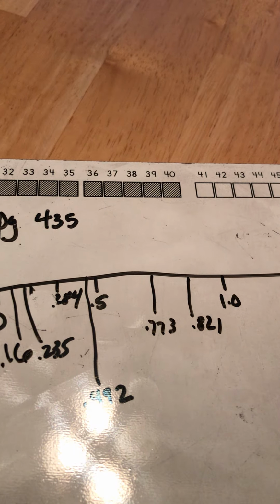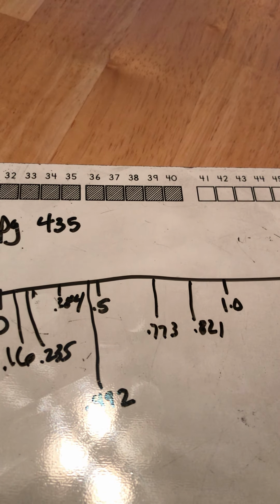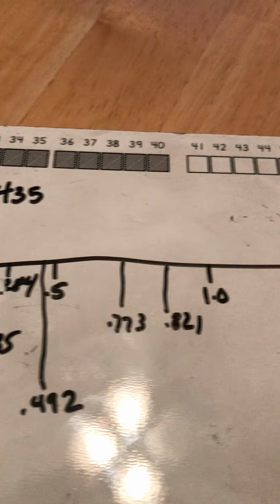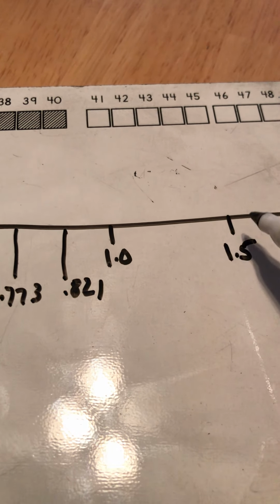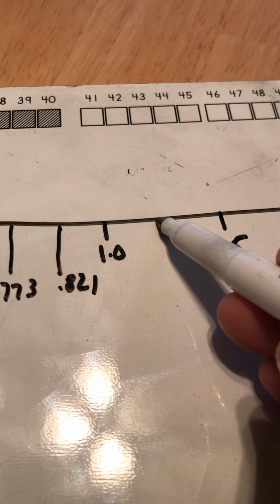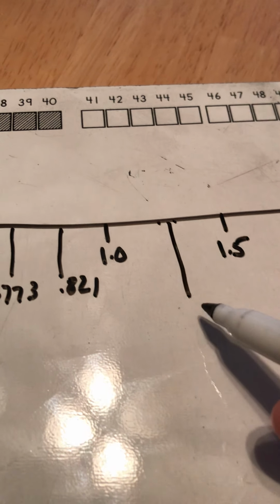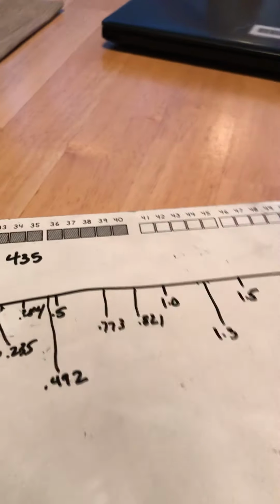And 1 and 3/10. So it's going to go over here. Here's 1. This is 1 and 5/10. So we're going to put it a little bit past the middle. All right, so hopefully you had success with that as well.